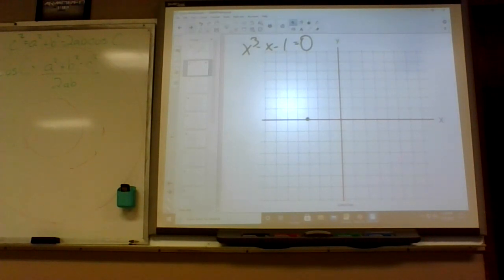Let's try standard, valid dimensions. Oh yeah, I haven't started honestly.